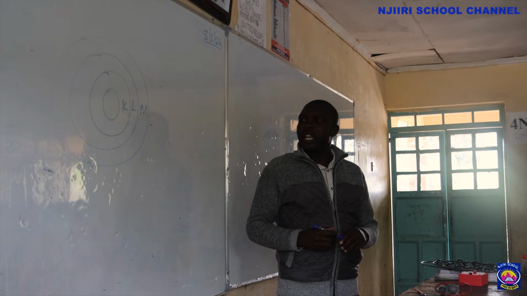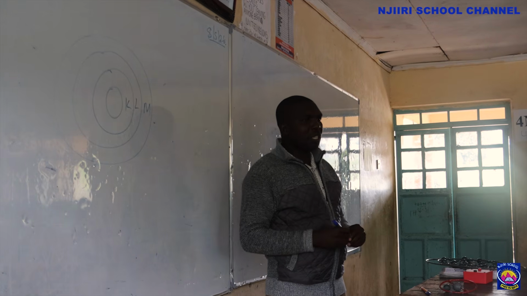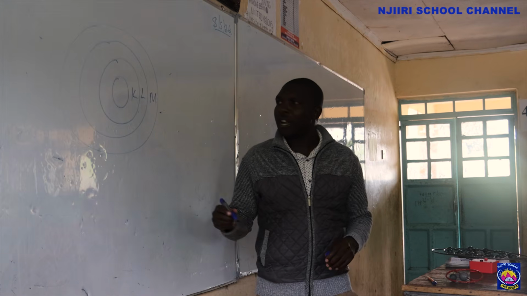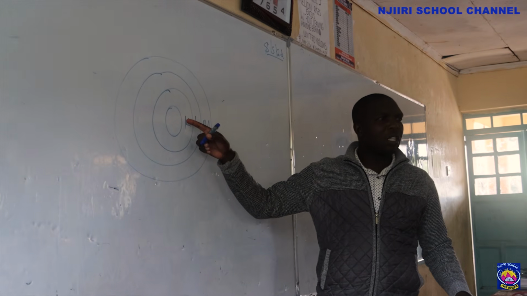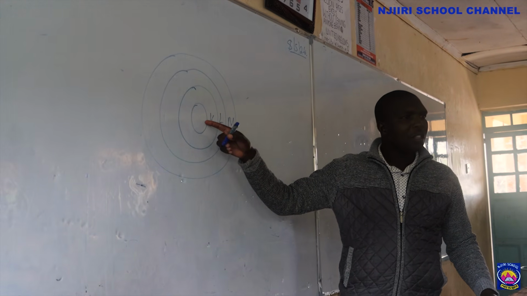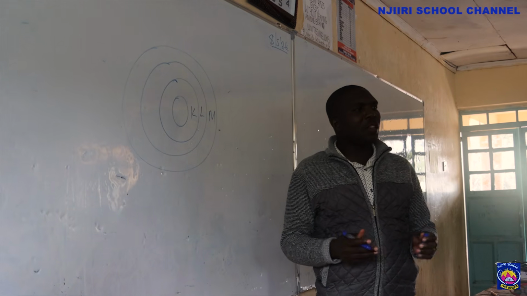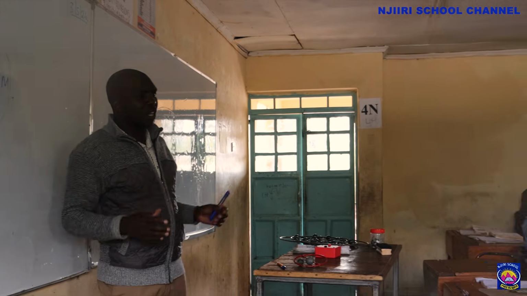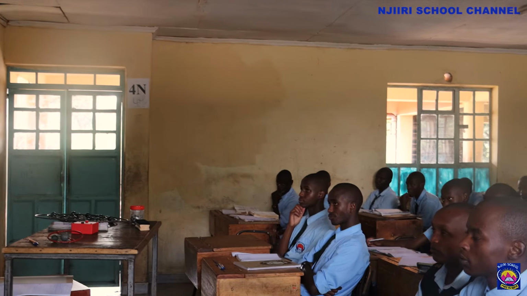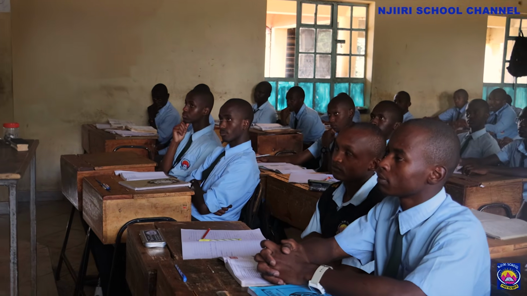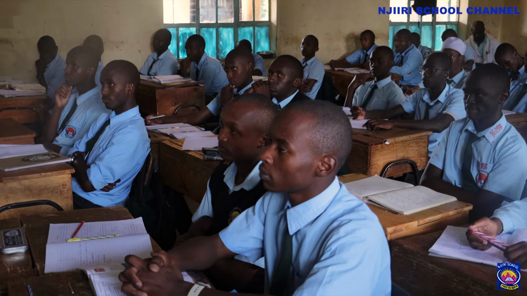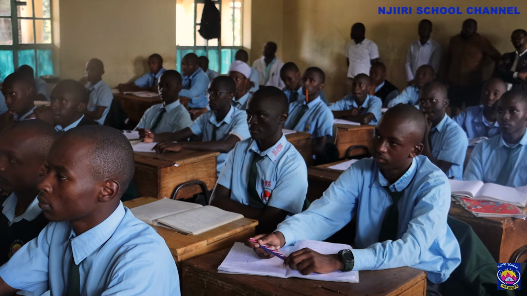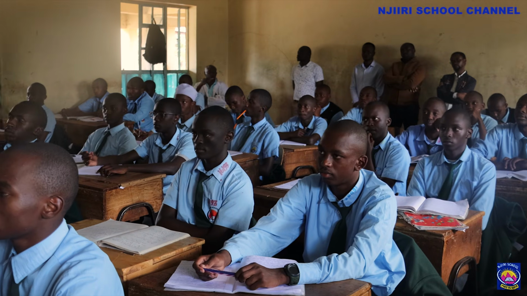So we start with, can we name the energy levels? Which is the first occupied energy level? In chemistry we discussed that. The first one is K, because it is closer to the nucleus. Now, what do you understand about the energy level that is closer to the nucleus? What about the forces of attraction? The nucleus has protons that are positively charged, and we have electrons moving around that nucleus, and the electrons are negatively charged.